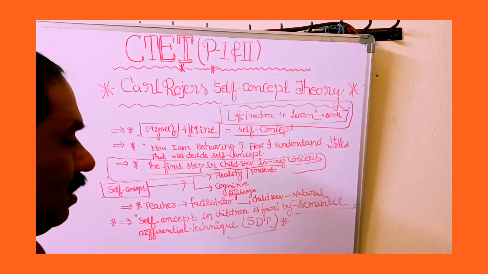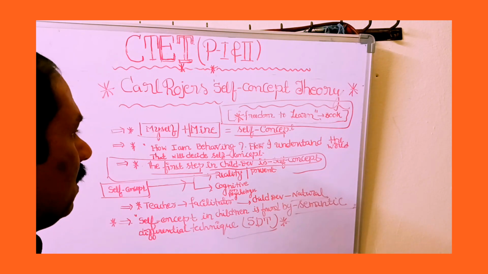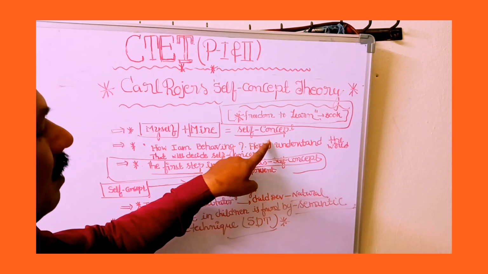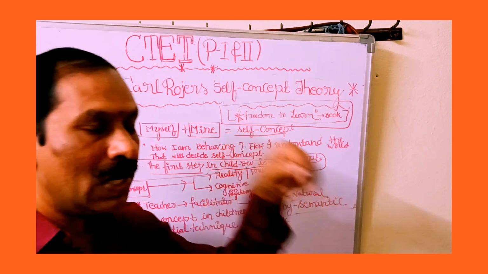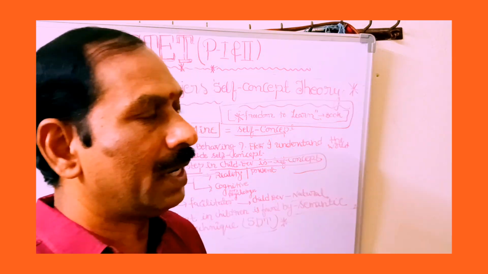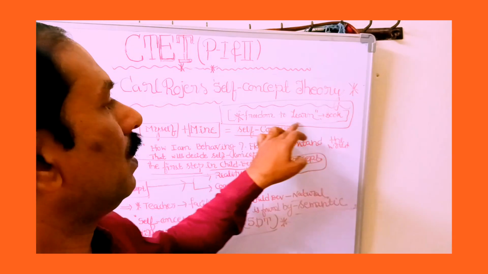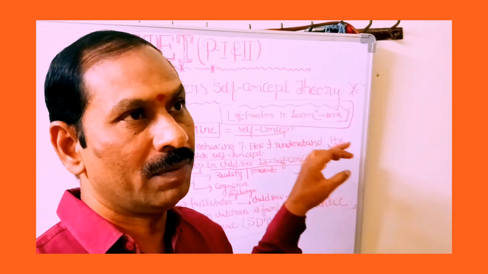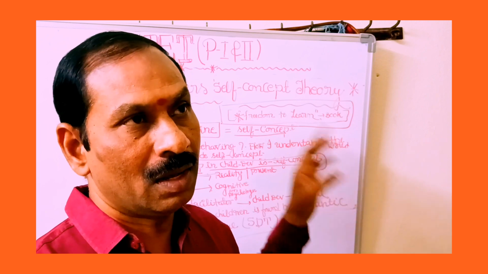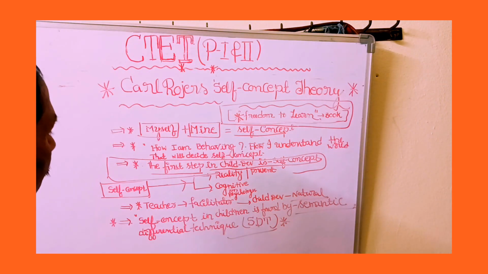So better you remember that self-concept is the first step in child development. And the book written by Carl Rogers is Freedom to Learn. That is also an important point.